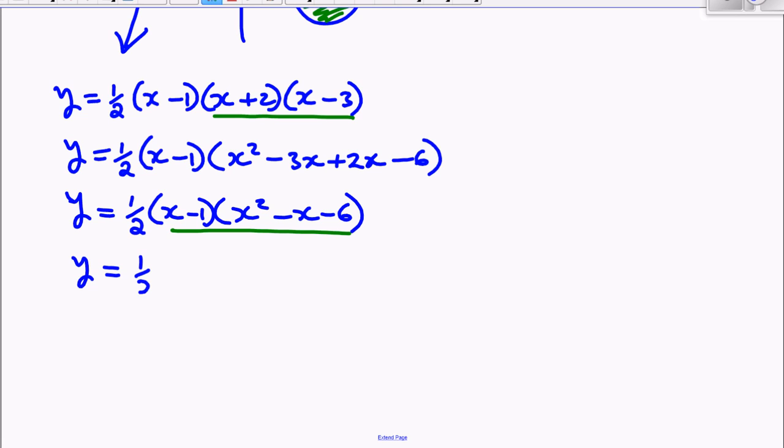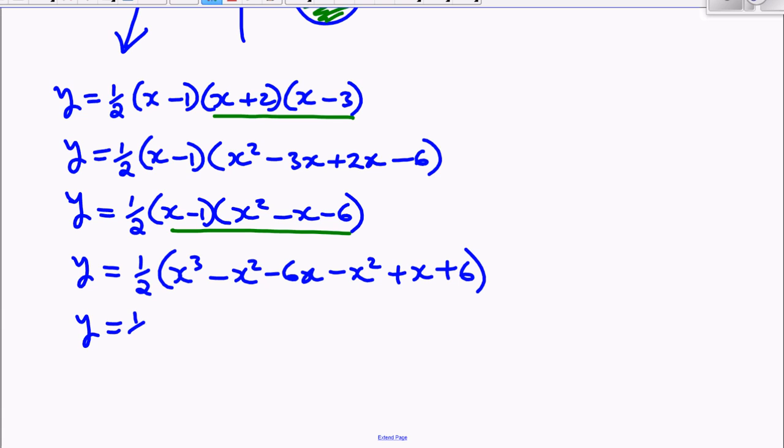So a half into x cubed minus x squared minus 6x minus x squared plus x plus 6, which, if I simplify that, gives x cubed minus 2x squared minus 5x plus 6.